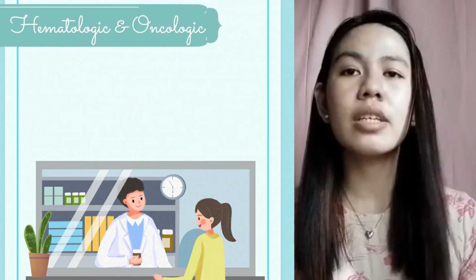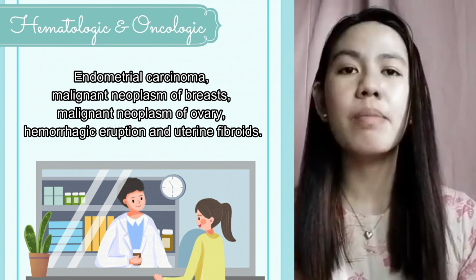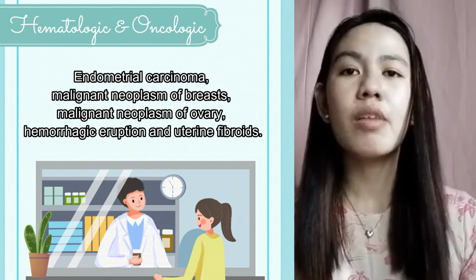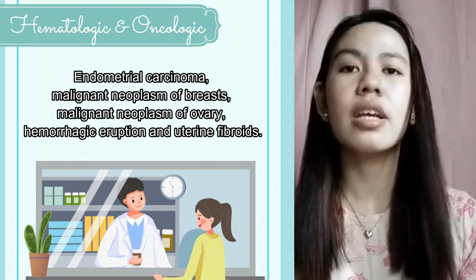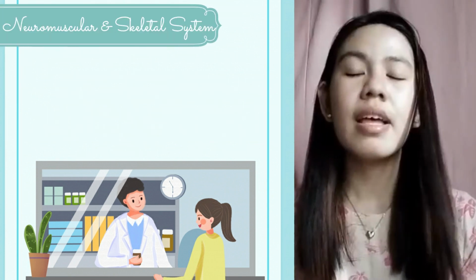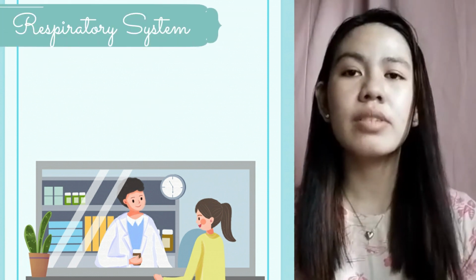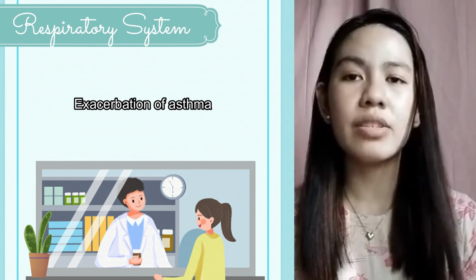While in the hematologic and oncologic systems are endometrial carcinoma, malignant neoplasm of breast, malignant neoplasm of ovary, and hemorrhagic eruption. While in the neuromuscular and skeletal system are leg cramps and arthralgia, while in the respiratory system is exacerbation of asthma.